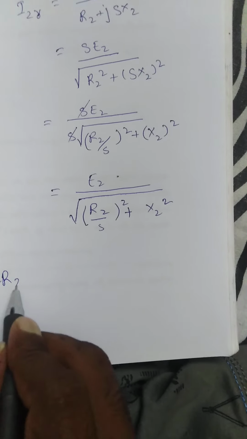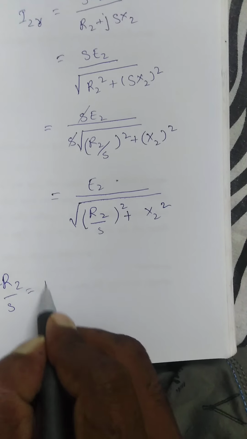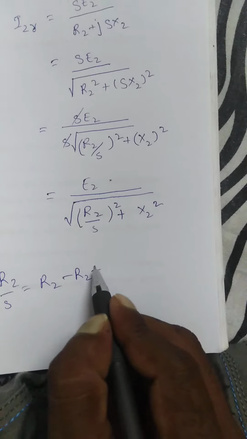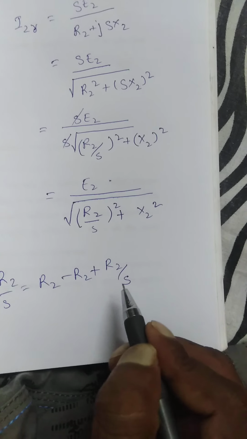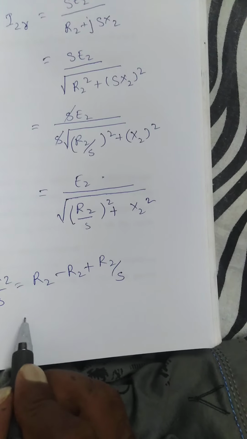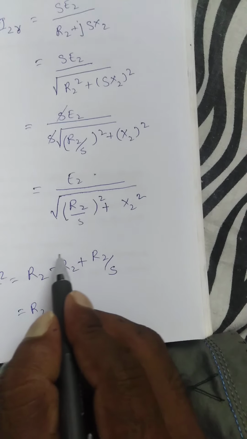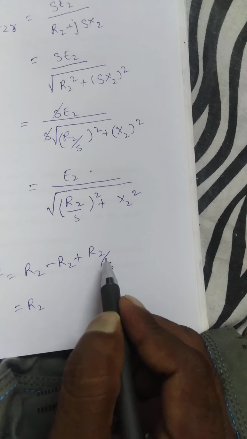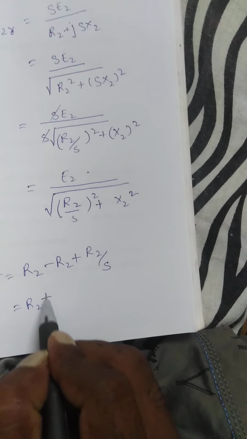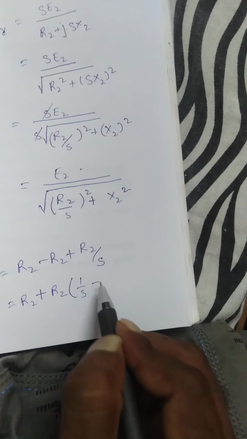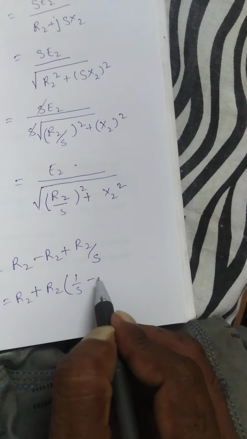Here R2 by s is written as R2 plus R2 minus R2, and then plus R2 by s. Taking R2 common, this is R2 plus R2 times (1 by s minus 1).